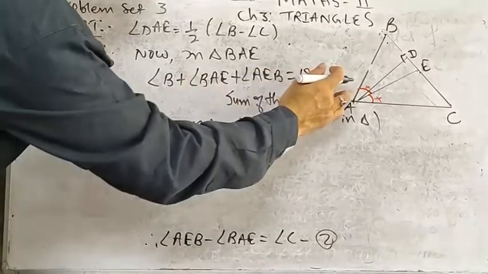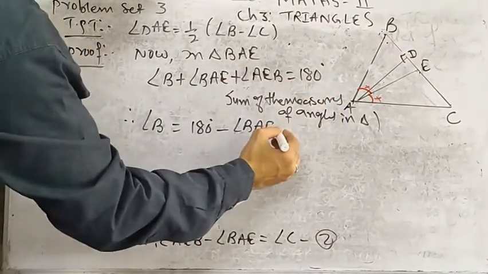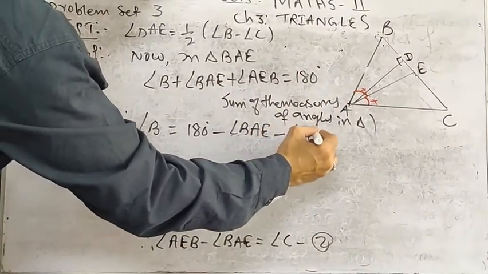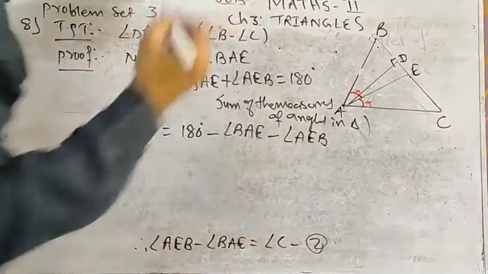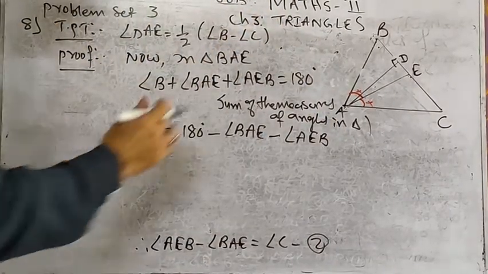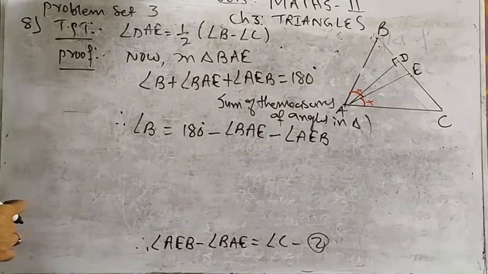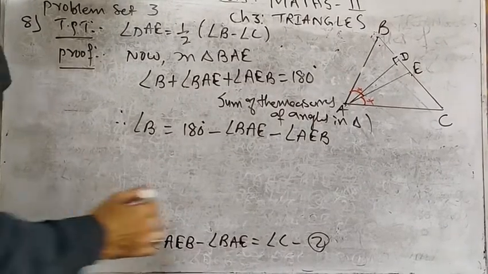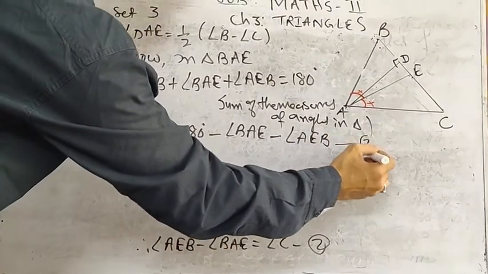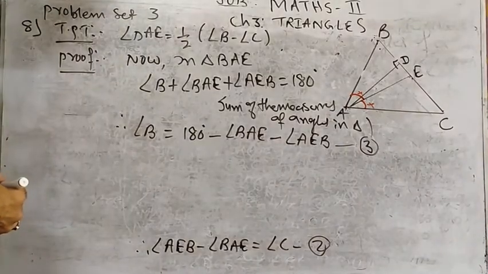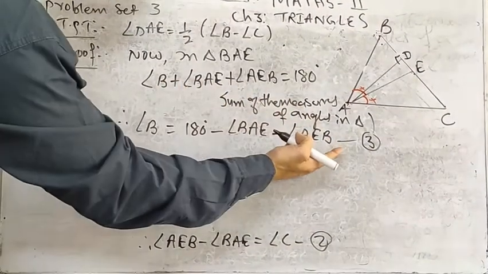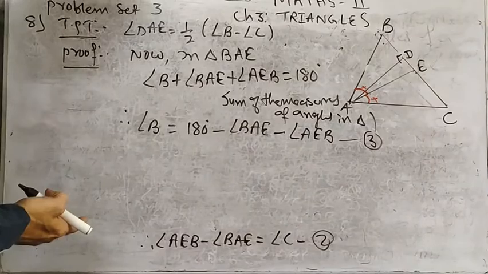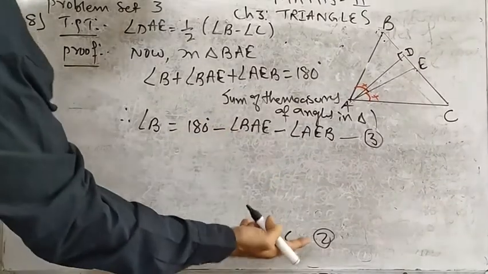This will go there, becomes minus. ये भी उधर जाके माइनस हो जाएगा, माइनस एंगल AEB. ओके, ये दोनों भी उधर जाके माइनस हो जाएगा. इज दैट क्लियर? यू विल गिव नंबर 3. ओके, नाउ subtracting 2 from 3.